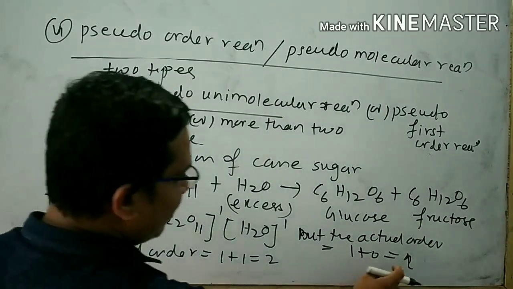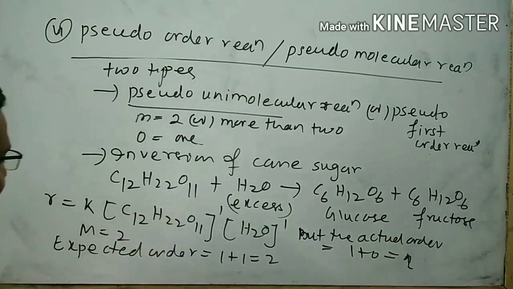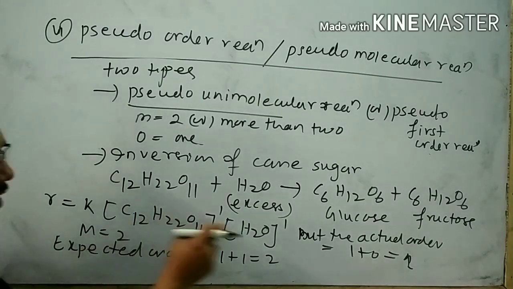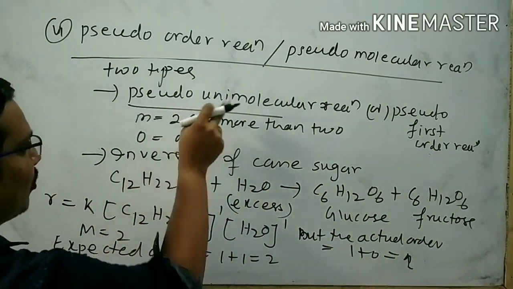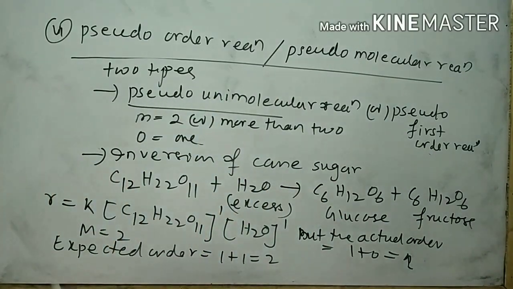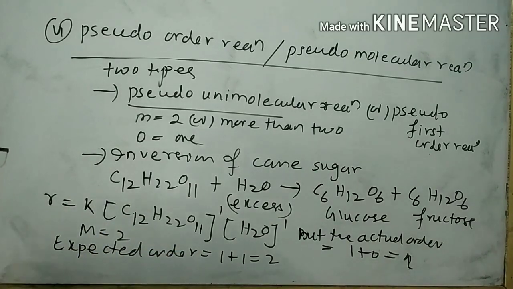Here the expected order is different from the actual order, so this reaction belongs to pseudo reaction. Since the molecularity is 2 and the order of reaction is 1, this reaction belongs to the pseudo unimolecular reaction. This expression is the same for both rate law and law of mass action, because the molecularity and the expected order are the same.